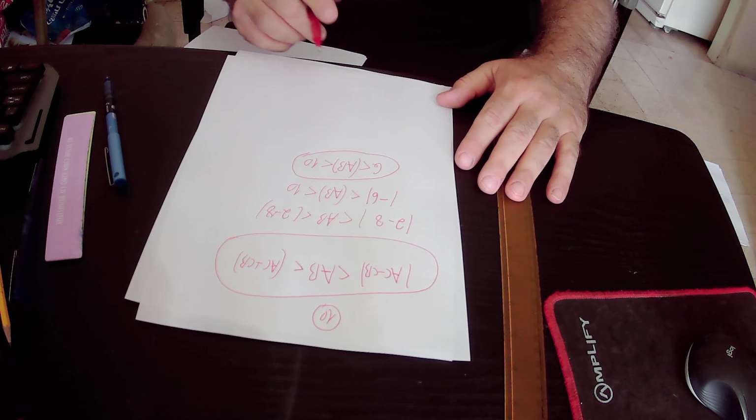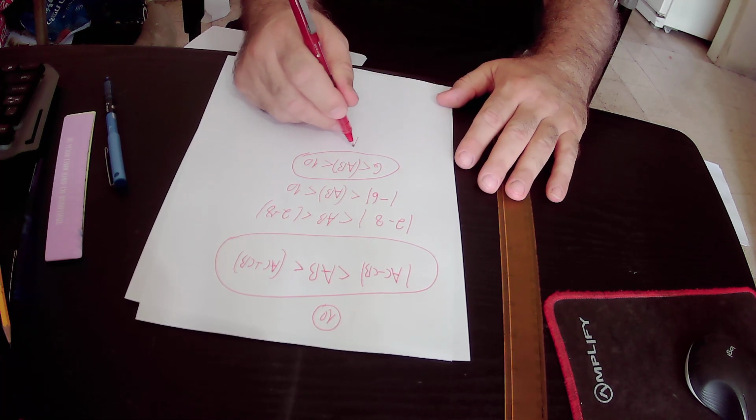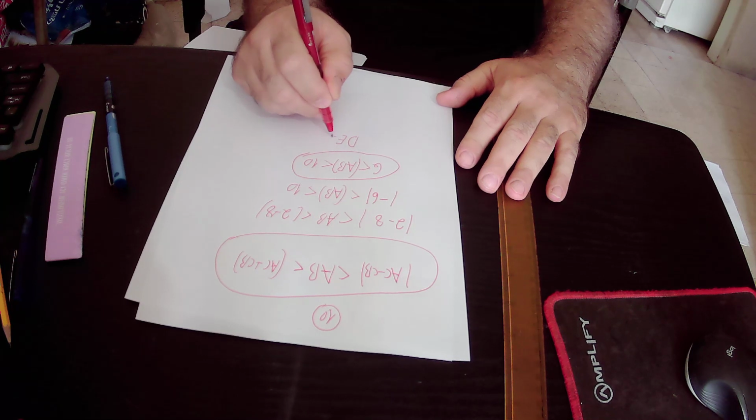Okay, but we have already found out that the value of DE is 2/3 times AB.